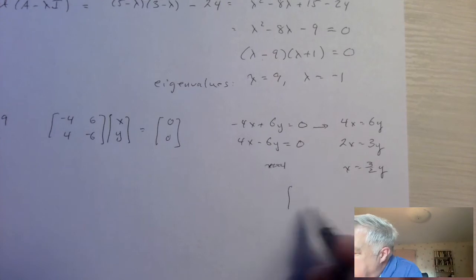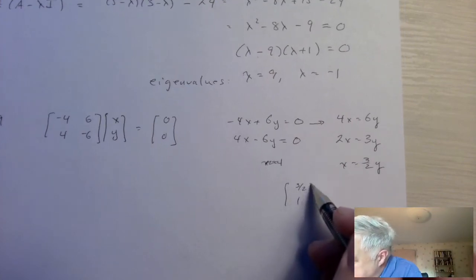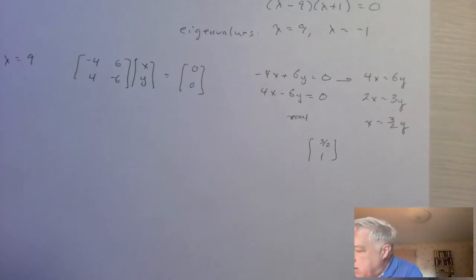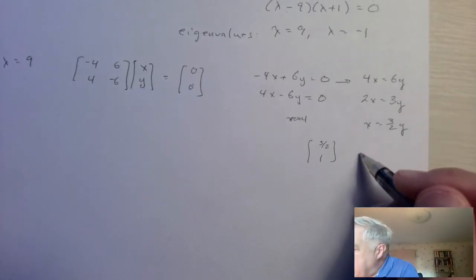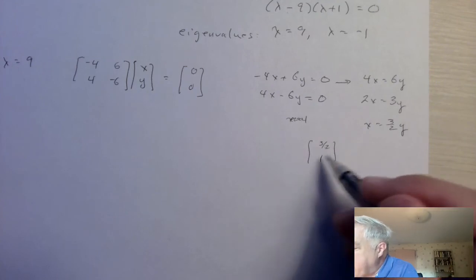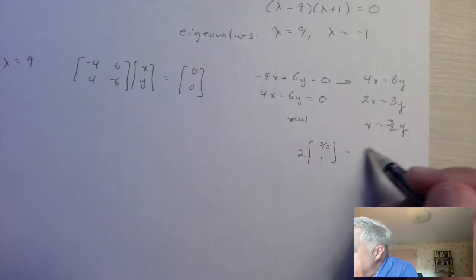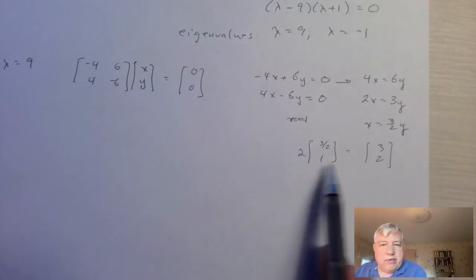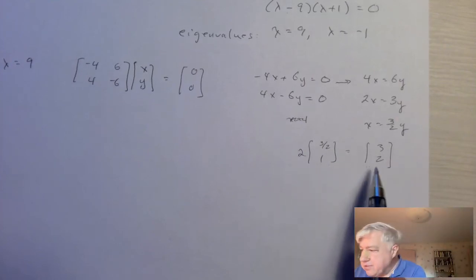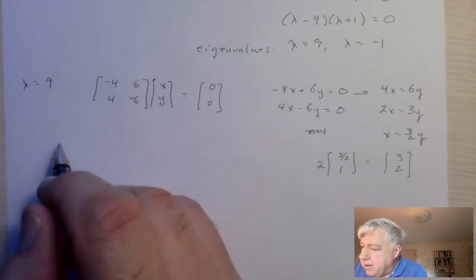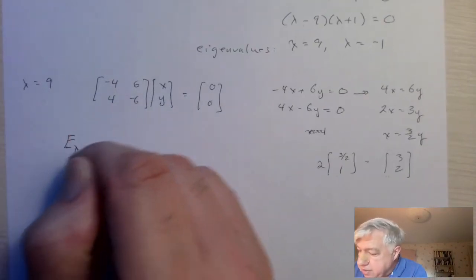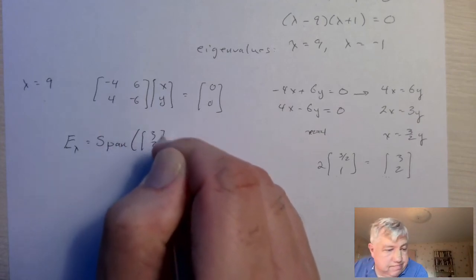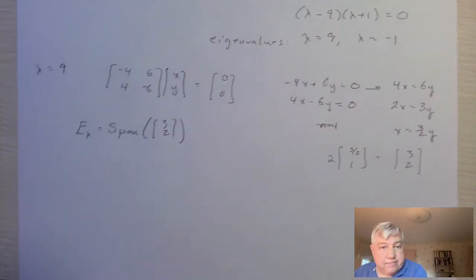If y equals 1, we get x is 3/2, and that will be a perfectly good eigenvector. Or we could just multiply by 2 to clear out the denominators, and we'll get 3, 2. Either one of these is a perfectly good eigenvector, but the eigenspace will be the span of 3, 2 for lambda equals 9.